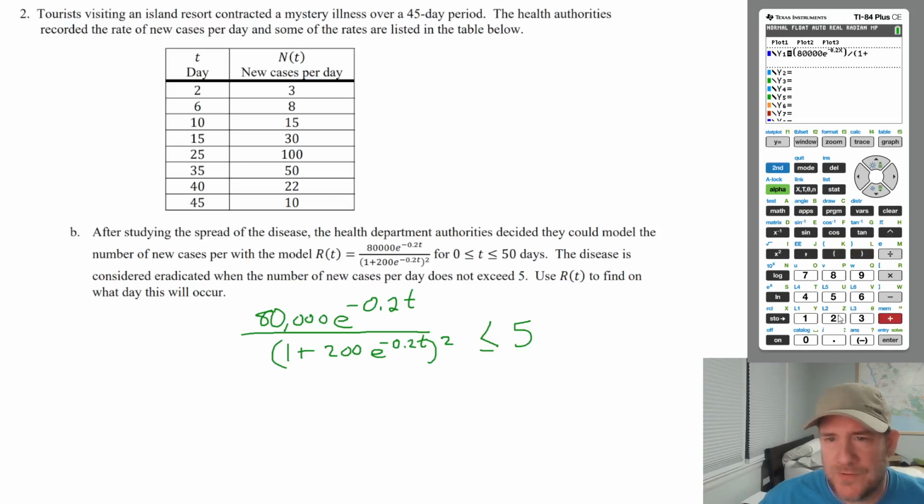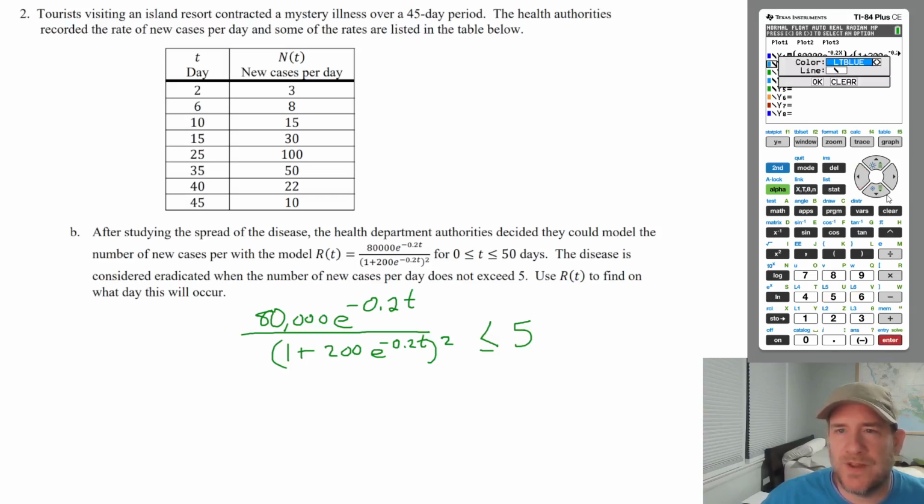So 1 plus 200 e to the negative 0.2x. Again, come down out, close parentheses, and then raise the whole thing to the power of 2, and that ought to work. Now the other thing you want to do is figure out when this is equal to 5. So make a second equation called 5, and I'm going to make that red, just so it stands out a little better.